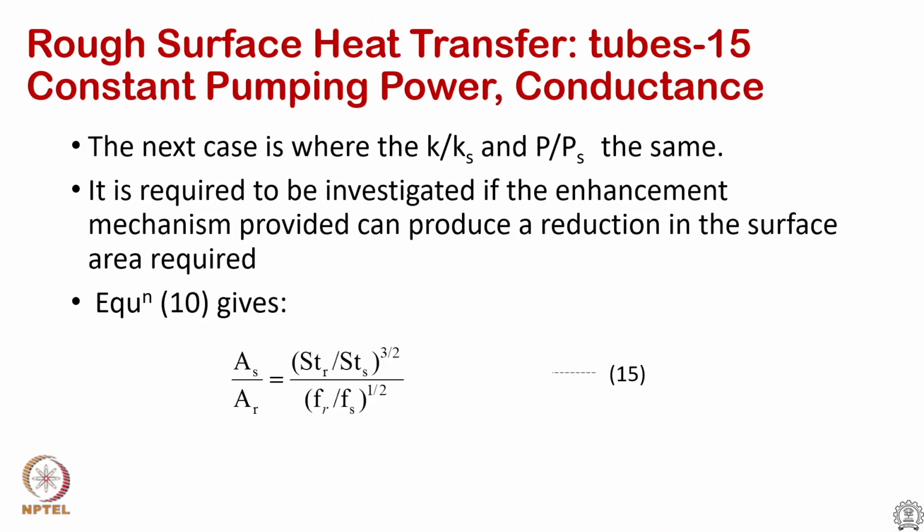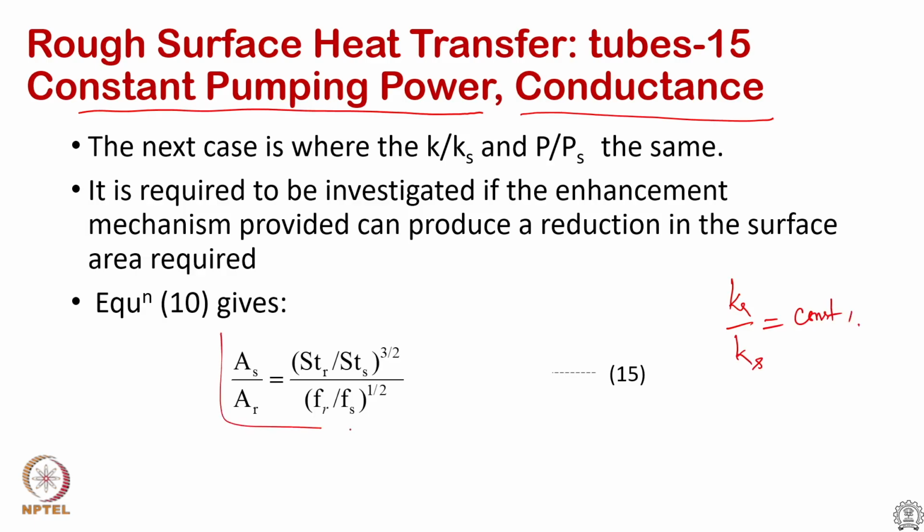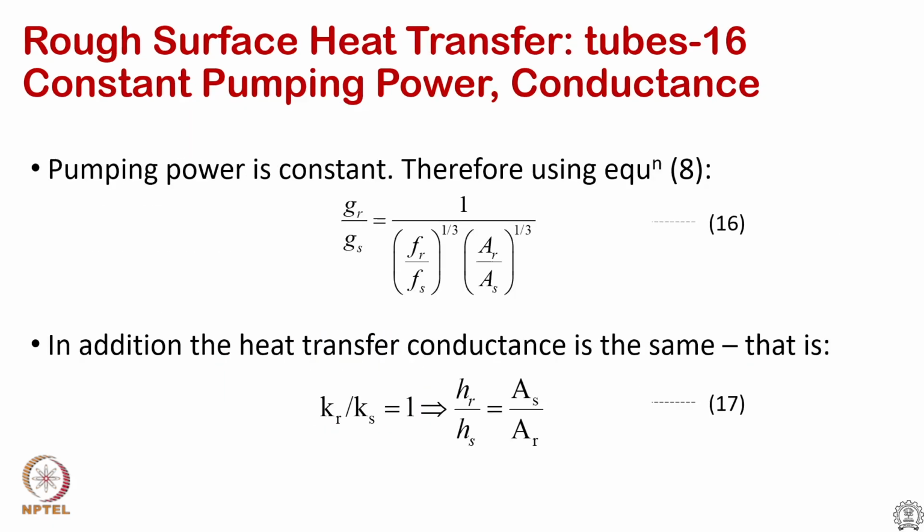Similar ideas can be developed for the next case, where the pumping power is fixed and the conductance is also fixed, so Kr by Ks is also equal to constant. In such a situation, I can calculate the smooth to rough surface area ratio, and again adjudge that this is going to be purely a function of the surface area.